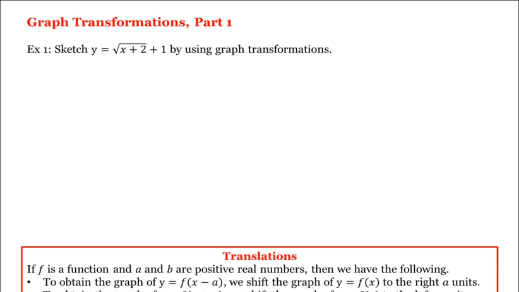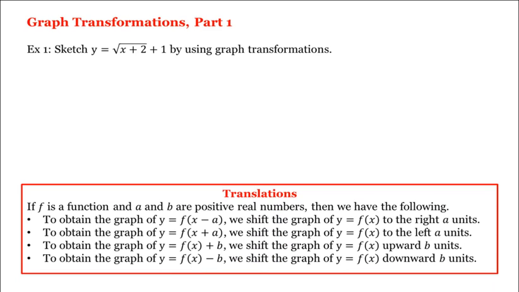We have the following: if f is a function and a and b are positive real numbers, then to obtain the graph of f of x minus a, we shift the graph of f to the right a units. To obtain the graph of y equals f of x plus a, we shift the graph of f to the left a units.